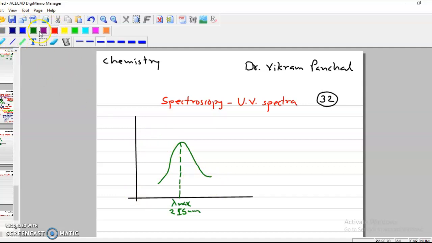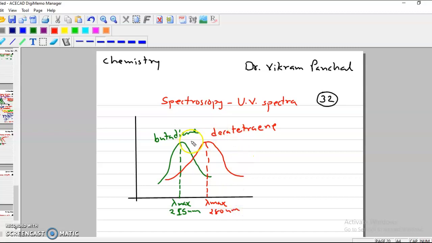This is for butadiene, and in the case of decatetraene, the graph goes like this, in which lambda maxima would be 280 nanometer.